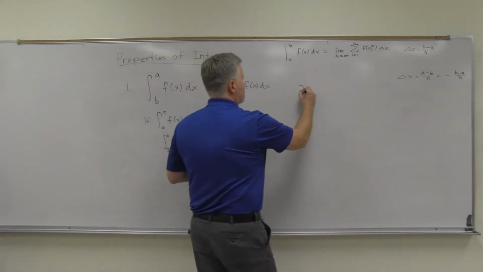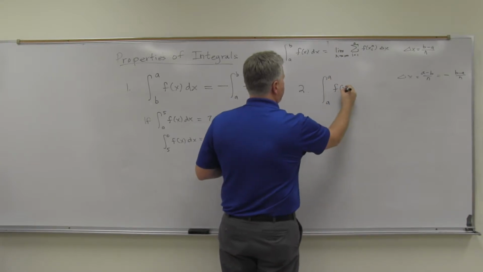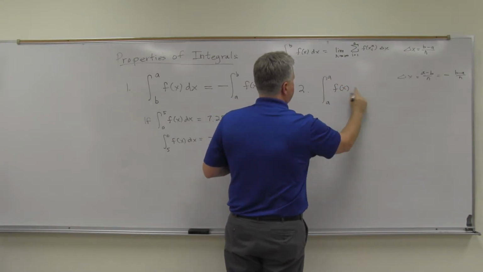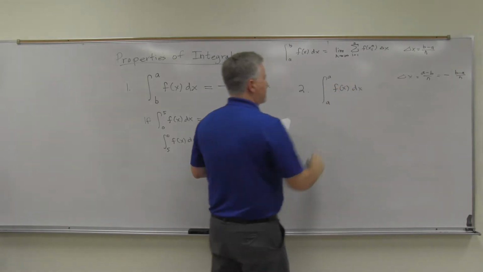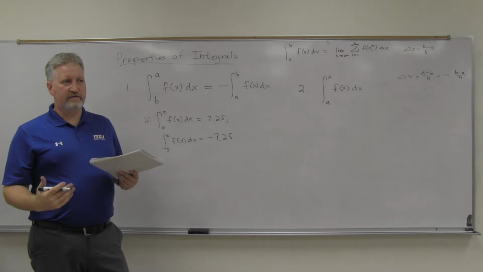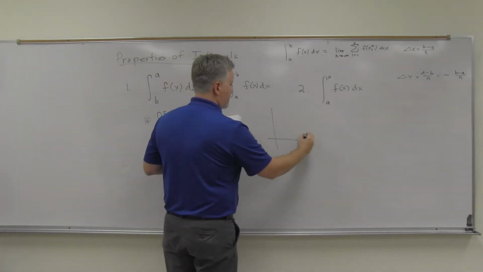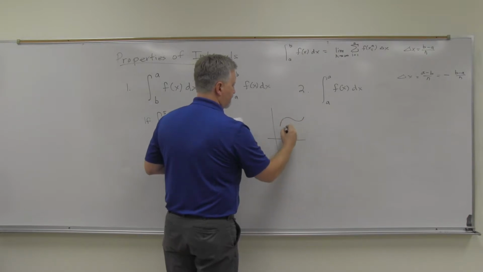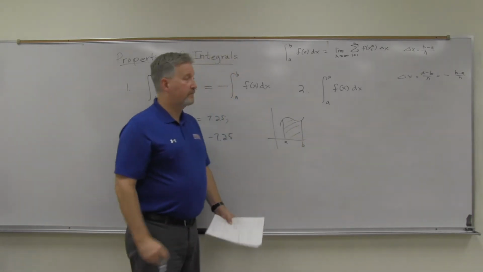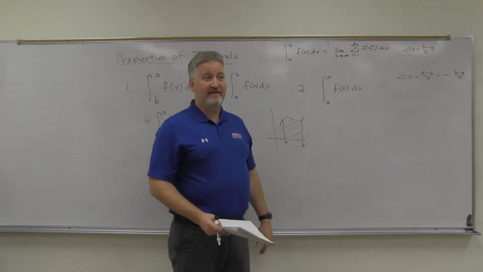Number two, we should have started with this one. A little easier. Getting back to the definition of what the integral gives me, the integral gives me the area from A to B, right? Area under the curve, or net area if it drops below the x-axis. That's what the integral gives me. Well, what if my lower limit is A and my upper limit is A?